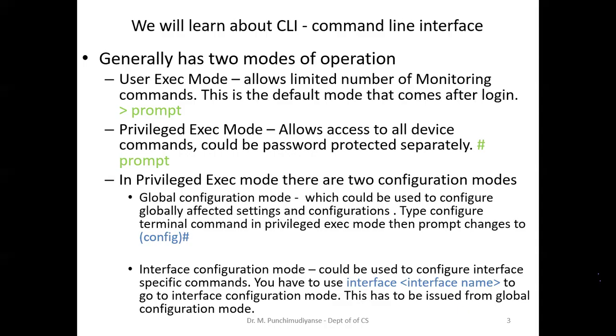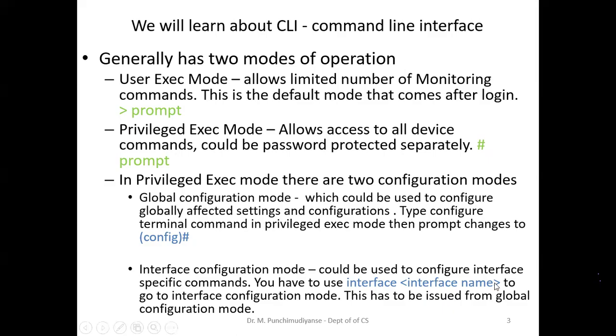Then if you want to change the IP address of a particular port, because switches have multiple ports, or change the operational mode of an interface, then we have to go to the interface configuration mode.